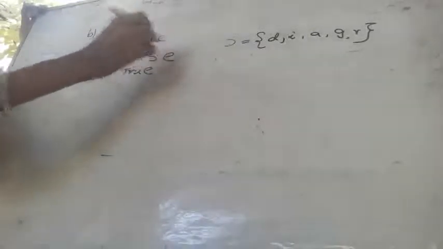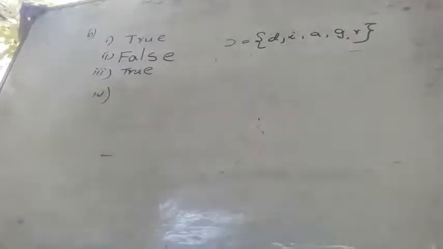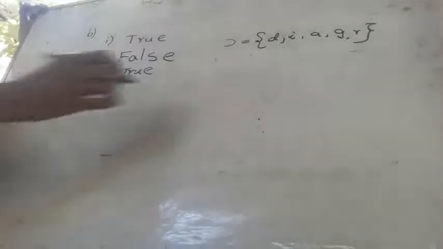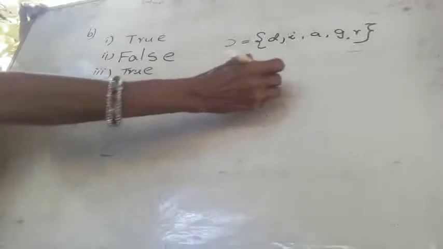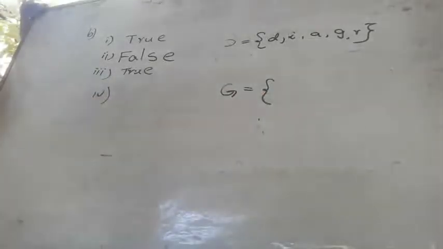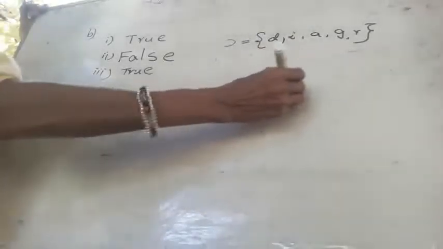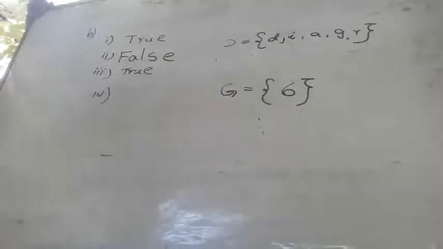Fourth one. Any multiple of 3 from 1 to 10 is an element of G. Set G is multiples of 6 from 1 to 10. Here only 6.